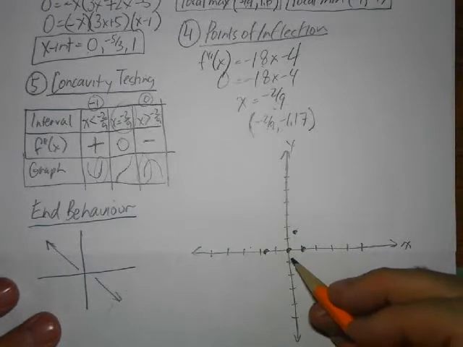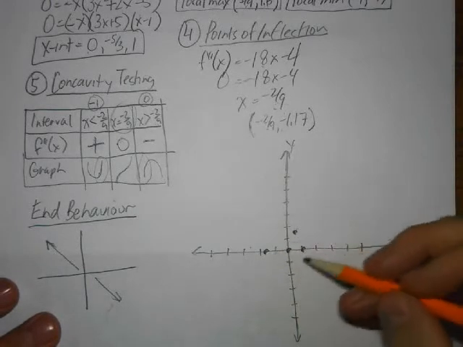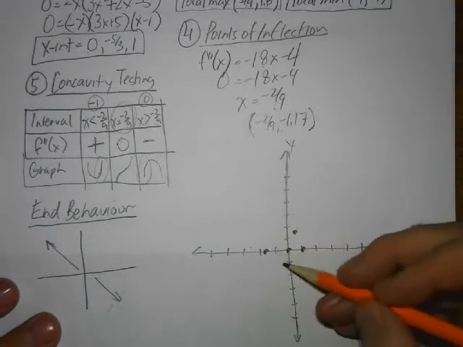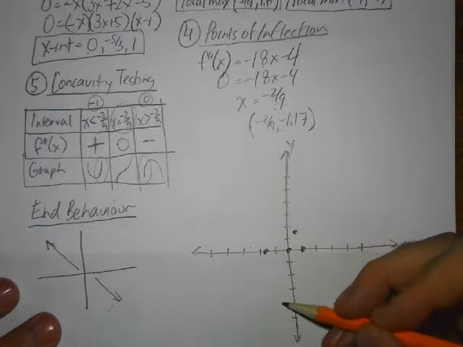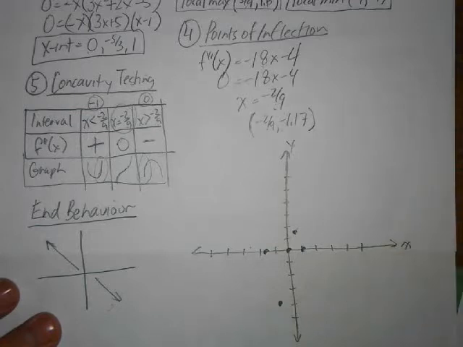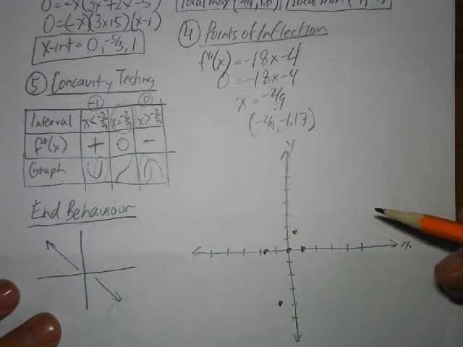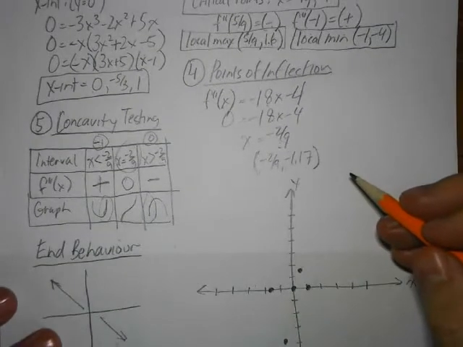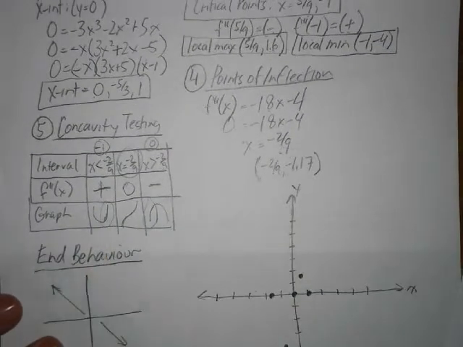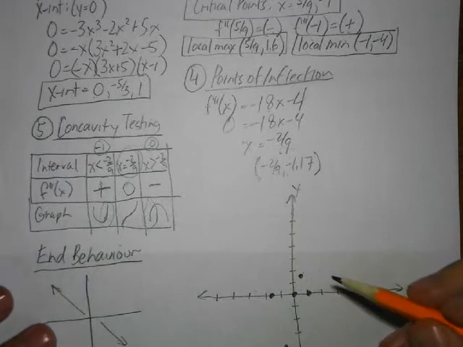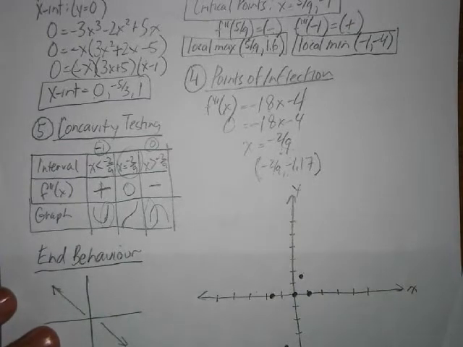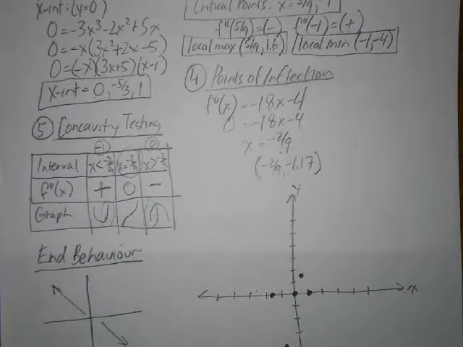And then the only local min is at -4, -1. And I could put my point of inflection, -2/9. Now, I guess I didn't actually finish that off correctly.